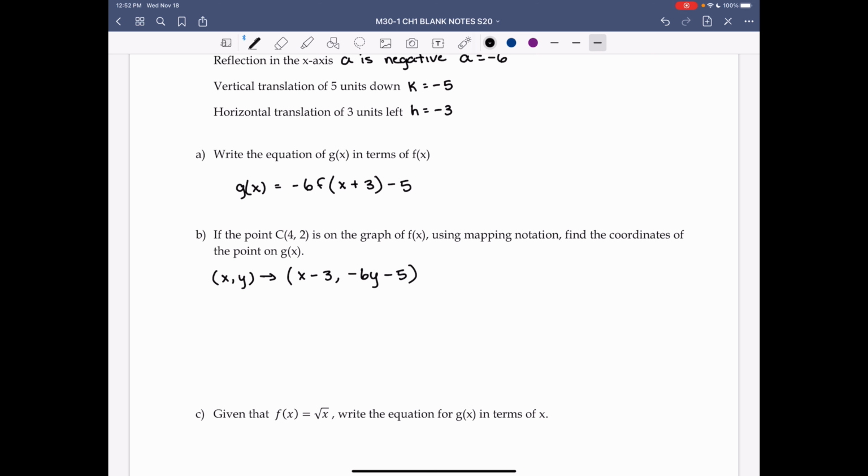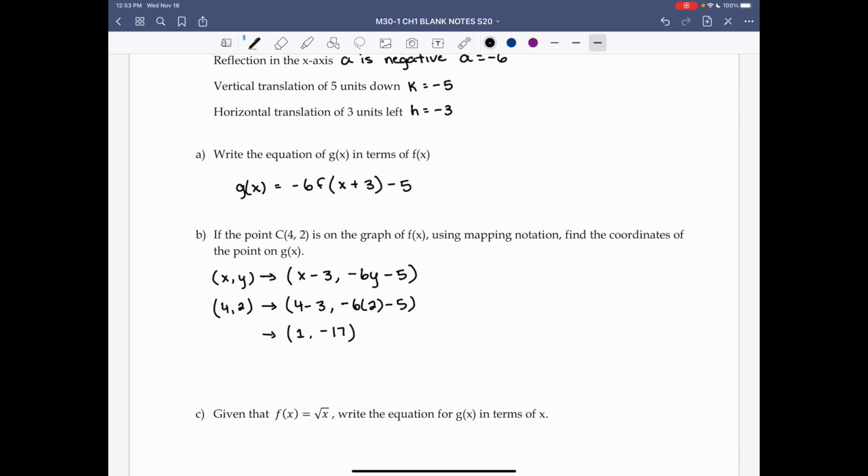Then the point (4, 2) that's on f of x would become (4 minus 3, negative 6 times 2 minus 5). 4 minus 3 is 1. Negative 6 times 2 is negative 12. Minus 5 is negative 17.